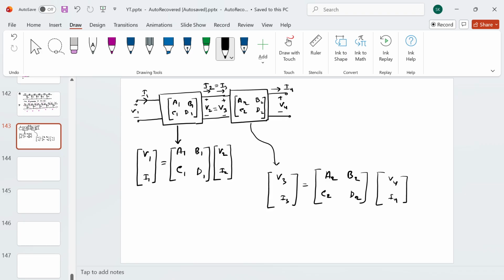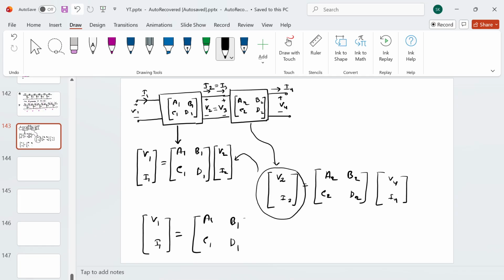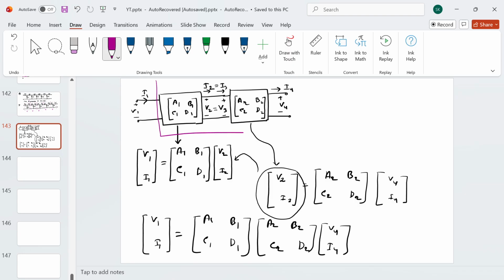So I can replace V3 and I3 with V2 and I2. If you put this V2, I2 value in this equation, you will get V1, I1 equal to A1, B1, C1, D1 times A2, B2, C2, D2 times V4, I4. So the overall ABCD parameter of this combination is the multiplication of these two. This is matrix multiplication.